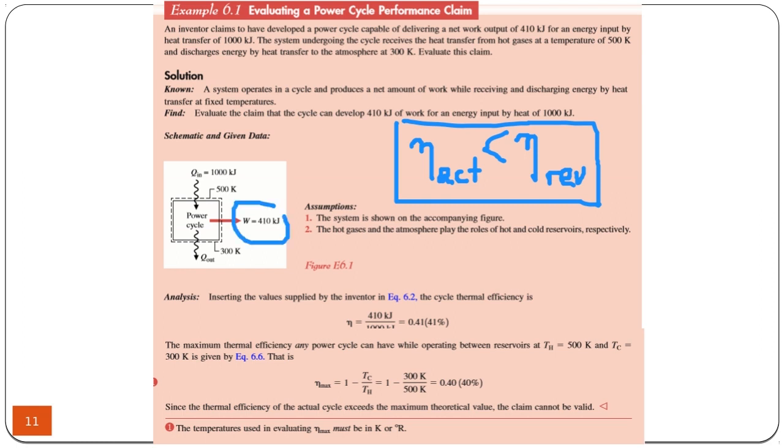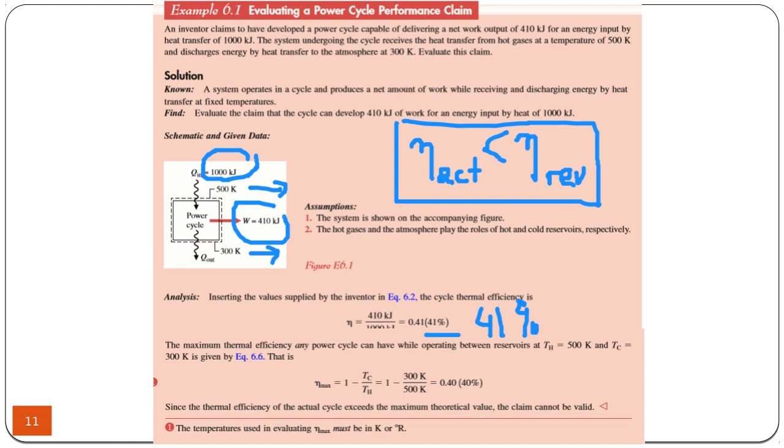So if you calculate the efficiency, output divided by input, it's going to give you 41%. However, a reversible engine operating between 500 Kelvin and 300 Kelvin is going to have an efficiency of 40%.